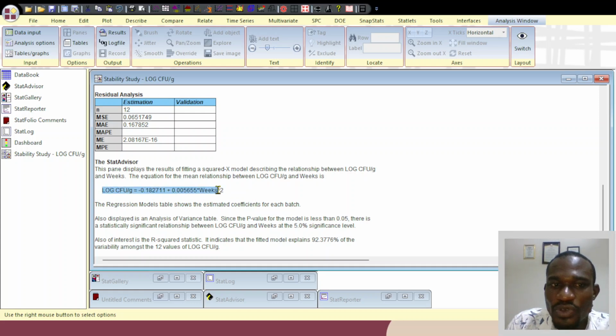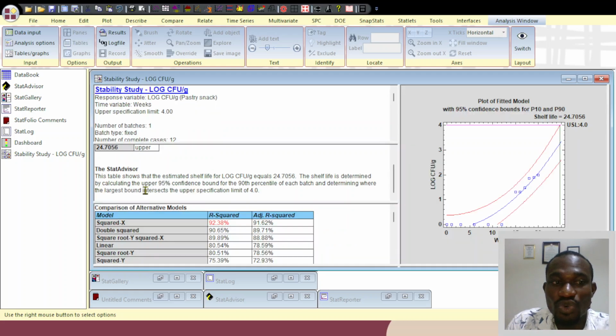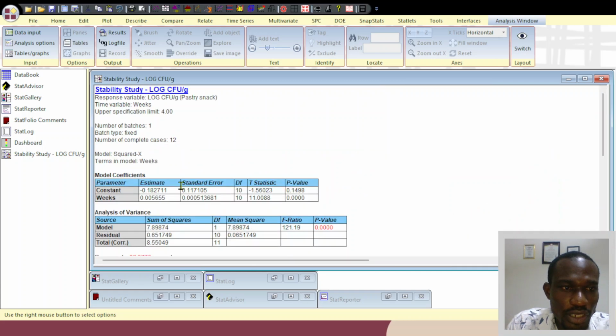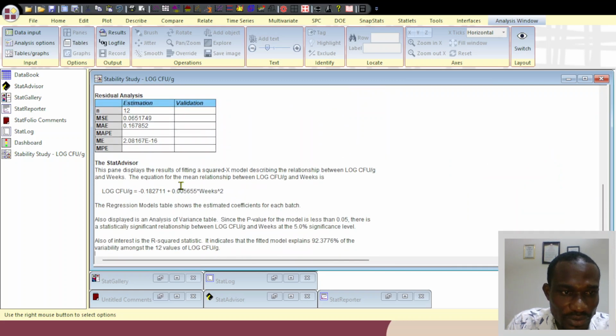So if you plot this even in your Excel using regression analysis, you just need to get the equation of the graph in Excel and now put in your upper limit, which is the specification limit, which is the 4, the response 4 here, and use it to find the number of weeks the product will stay.